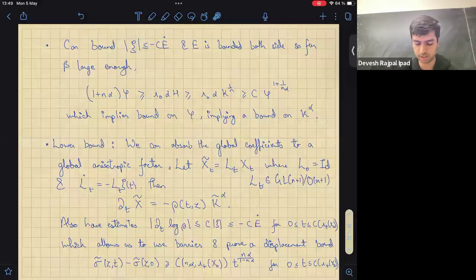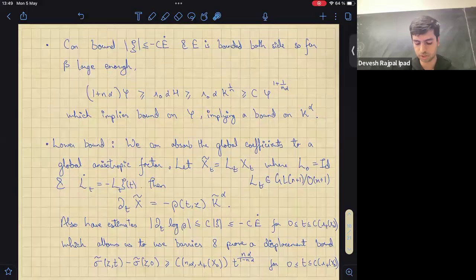Okay, so because we had good estimates on the affine correction term before, we also have good estimates on this anisotropic factor this time. And using a barrier argument, I can find a lower displacement bound, which can be written as, say, sigma tilde(z, t) minus sigma tilde(z, 0) is bigger than some constant, depending on the geometry, say here, the outer radius, the circumradius of the initial hypersurface, times t raised to some positive power.